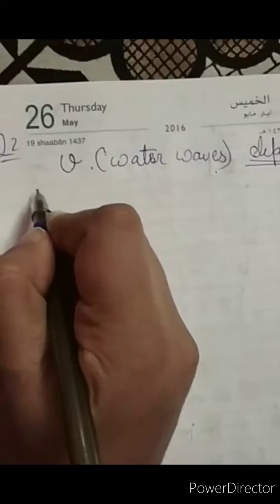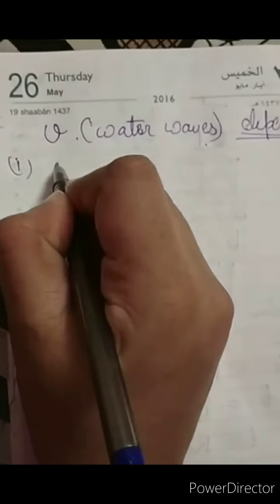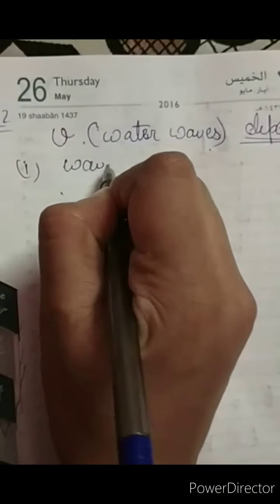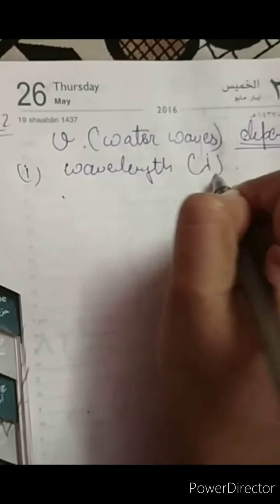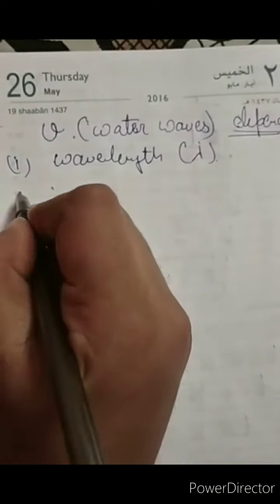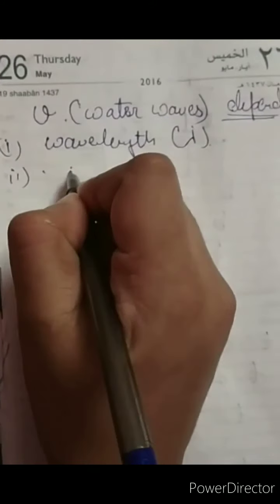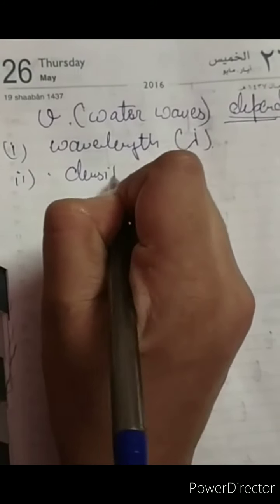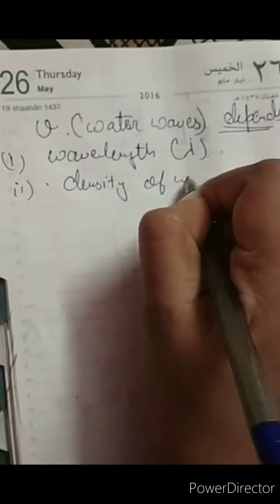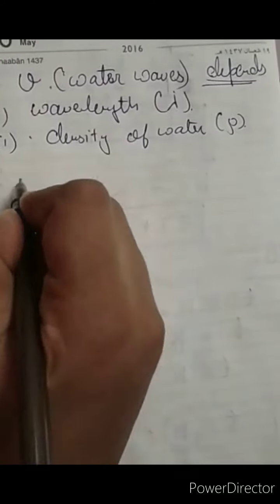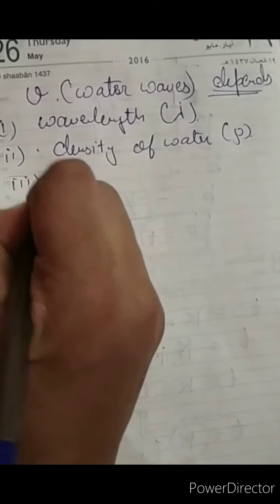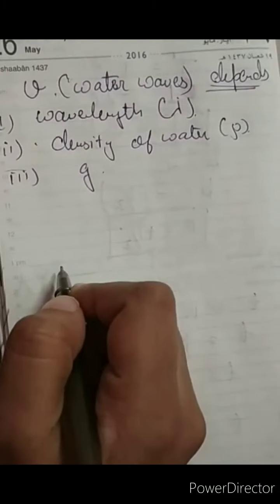Number 1, wavelength. Students, wavelength is denoted by lambda. Second, it depends on the density of water, which is rho. And third, it depends on the acceleration due to gravity, that is G.